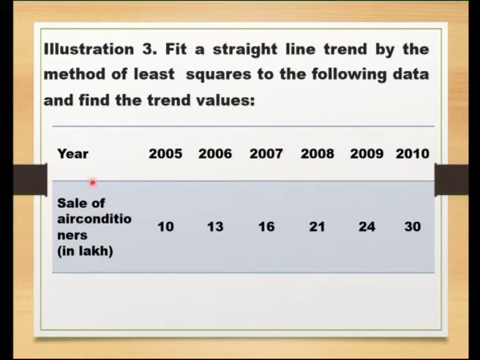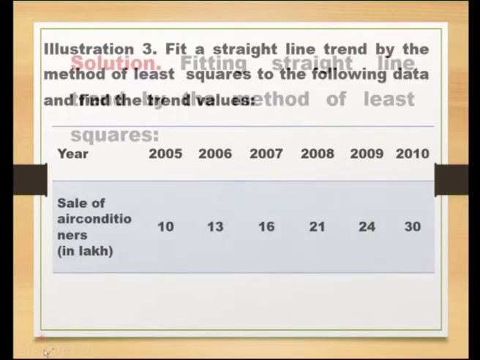That is, year is given as 2005 to 2010, and sale of air conditioners in lakhs has been given as 10 lakhs for the year 2005 and 13 lakhs for 2006, 16, 21, 24, 30 respectively from 2007 to 2010. So, we have to fit a straight line trend by the method of least squares and find the trend values.